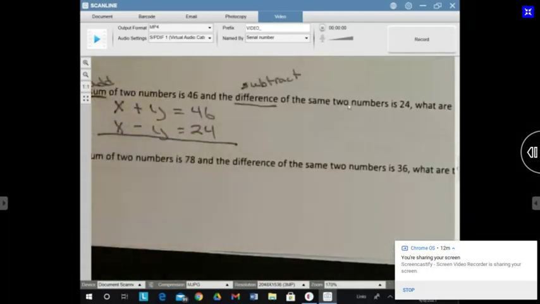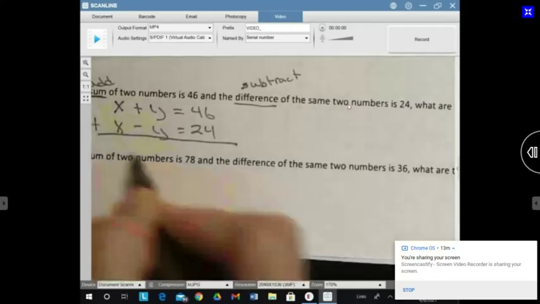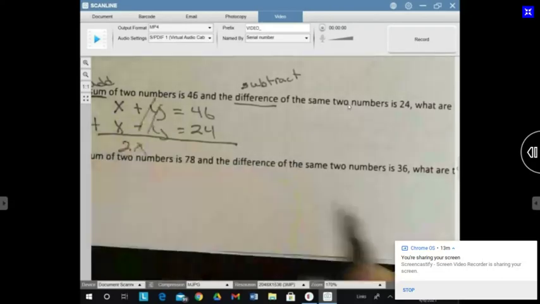Okay, so what should I do? Add or subtract? Add. So I got 2x. The y's are gone.